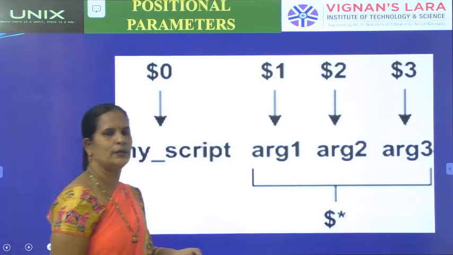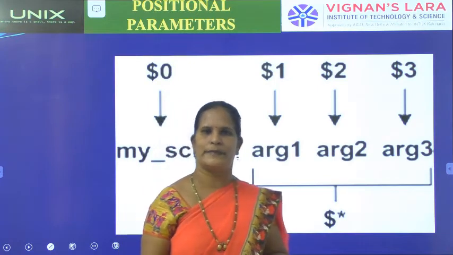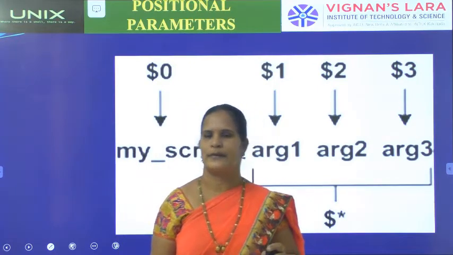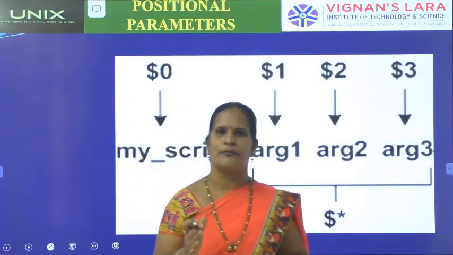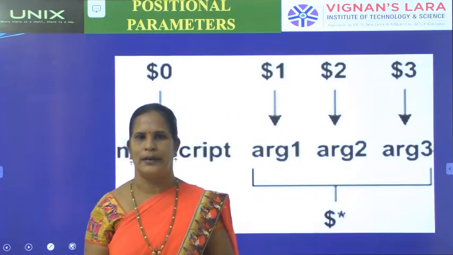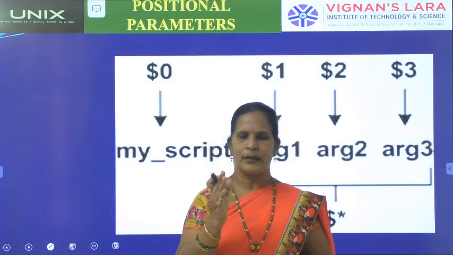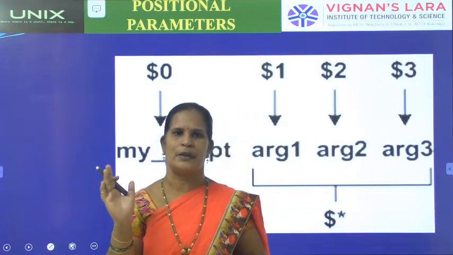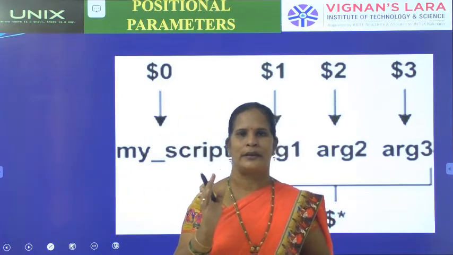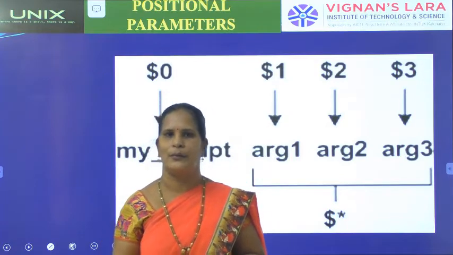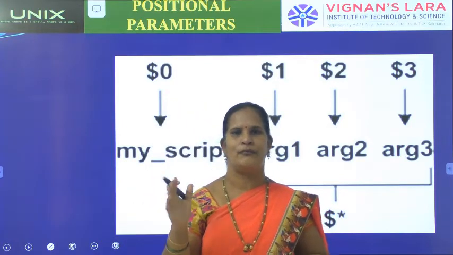Arguments submitted to the shell script are known as positional parameters, and the range is from $1 to $9 only. $1 indicates the first positional parameter value, $2 indicates the second, and $0 specifies the file name.